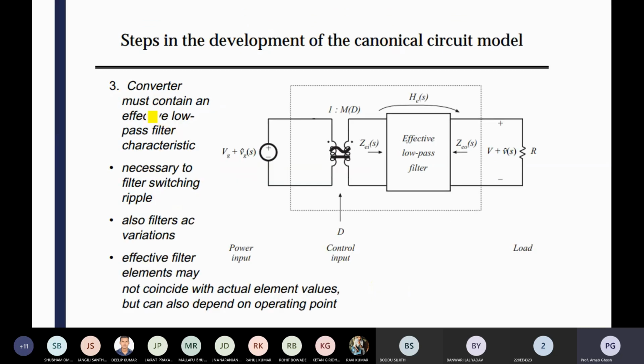Now in step 3, the converter must contain an effective low pass filter in its characteristics. You can see one effective low pass filter over here.